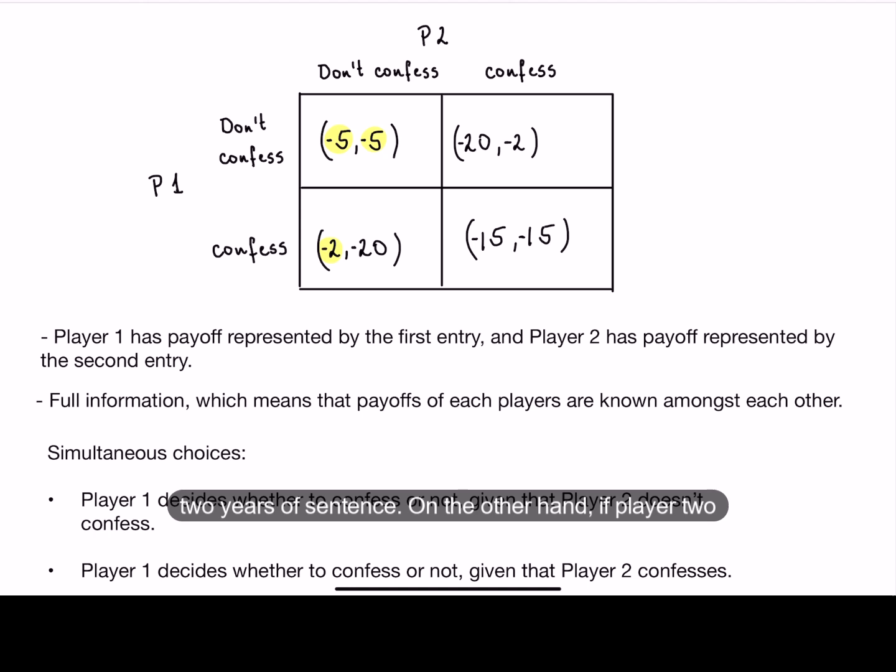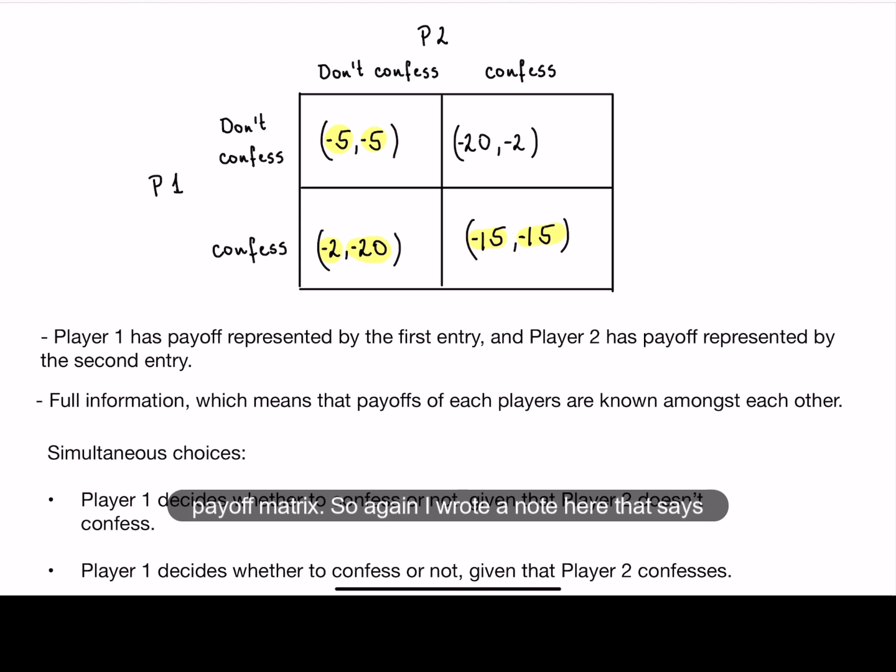On the other hand, if player 2 does not confess, then player 2 gets 20 years of sentence. So again, this game is played simultaneously, meaning that they will choose an action simultaneously. So if both players confess, then each of them will get 15 years in prison, and so on and so forth. So this is how we would read this payoff matrix.